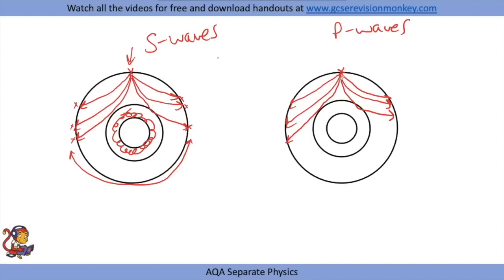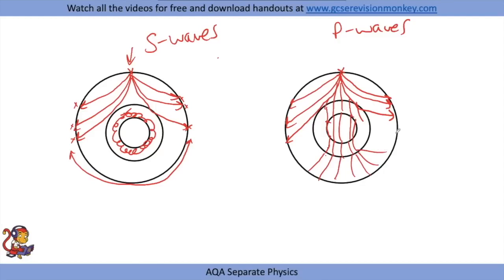So you will see the waves going into this ring here, but they will refract when they get into that inner liquid ring. So they won't go in a straight line, you'll see them refracting and bending as they come down. They can also travel through the solid inner core, and then again through the liquid outer core, and again back into the mantle. And as they go through different mediums, they'll be refracting as they're changing speed.